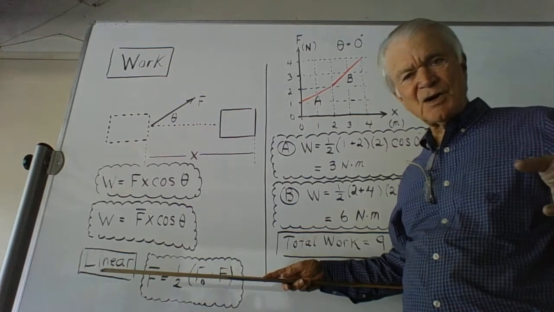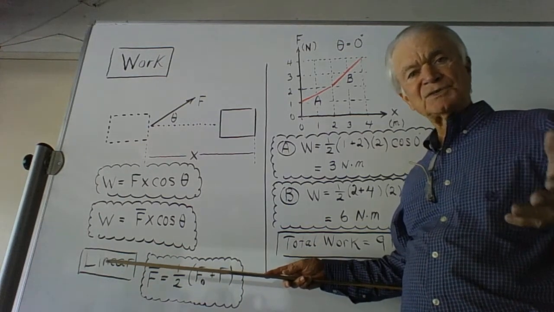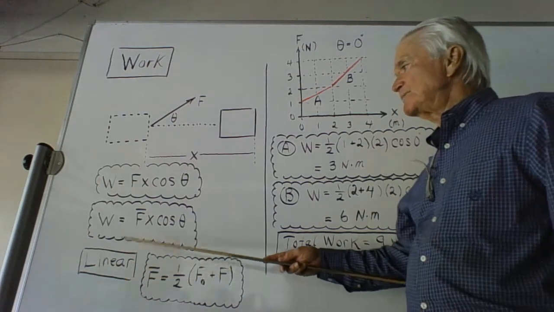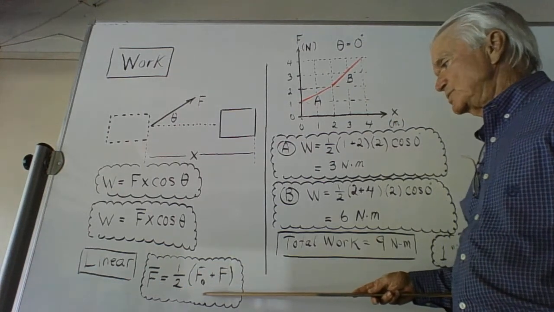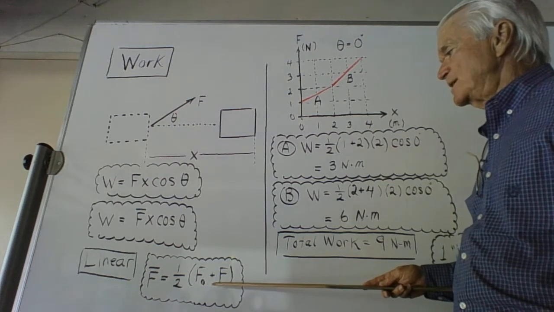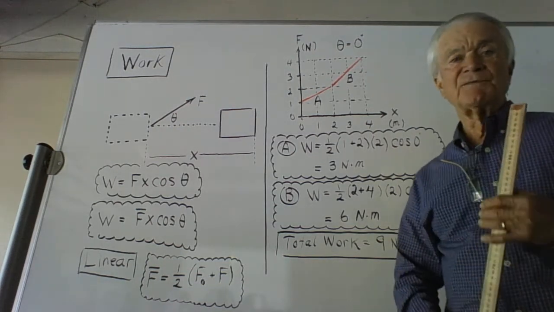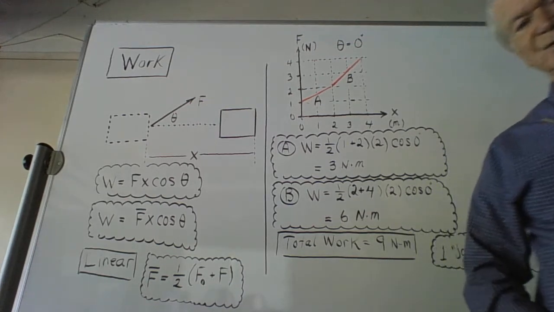You first encountered it when we discussed the average value of velocities way back in chapter 2. If F varies linearly, then F bar is the middle value, 1/2 of the sum of initial F naught and final unsubscripted F. Let's look at a graph that shows a linearly varying force.